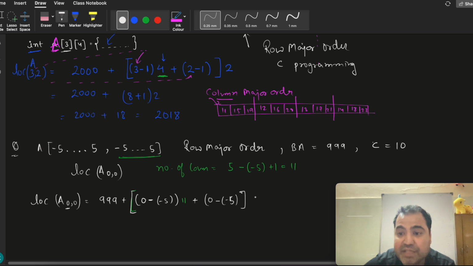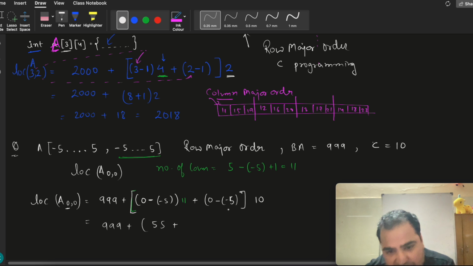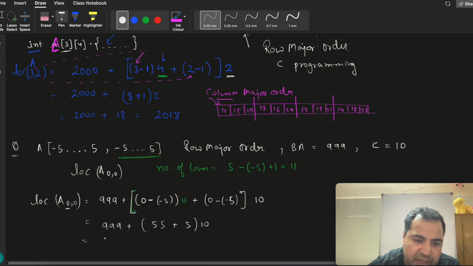and then size, in here it is being given 10, so I was using 2 in the example, right? 999 plus, this will become 5, 11 into 5 is 55, plus this will be plus 5, right, into 10, so 999 plus 60 into 10, 600.